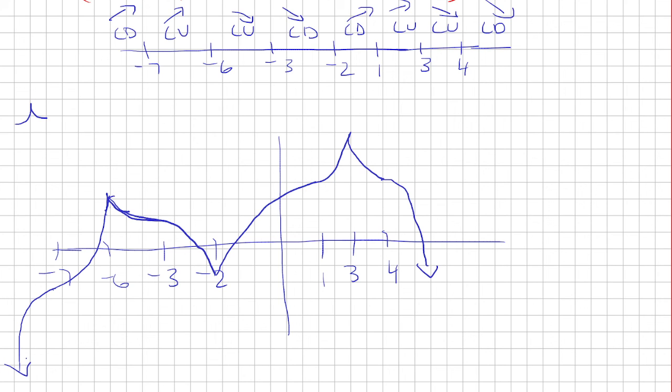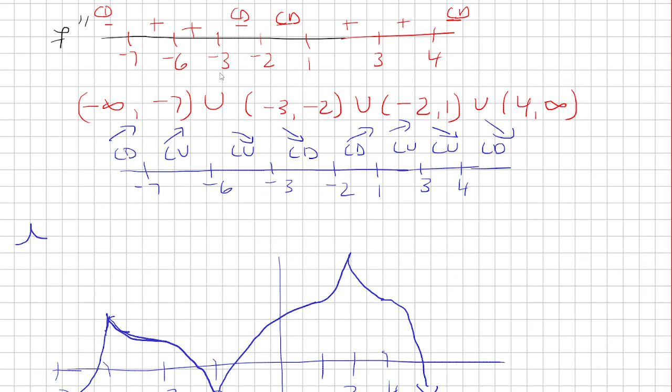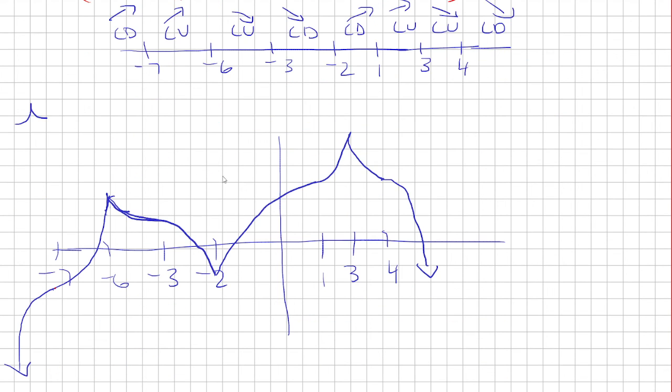Now we should be careful and see where we have points of inflection, or points where the concavity is 0. At negative 7, the concavity here is 0 because it's like a straight line. And then at negative 6, the concavity is 0, or undefined. It could be either one.